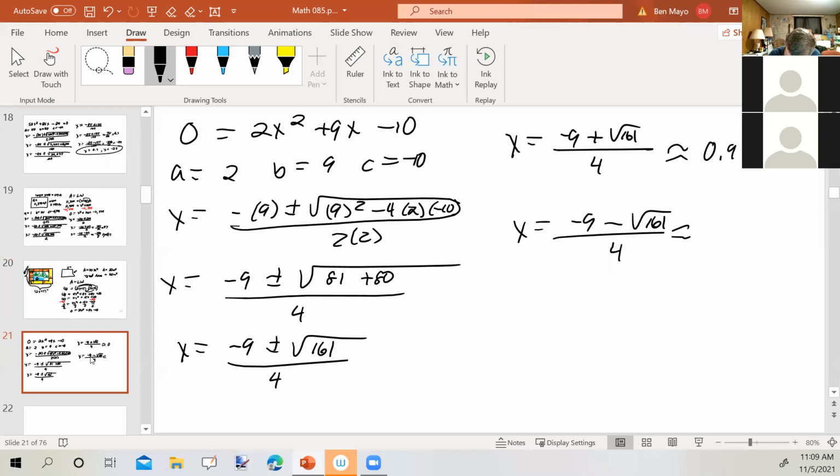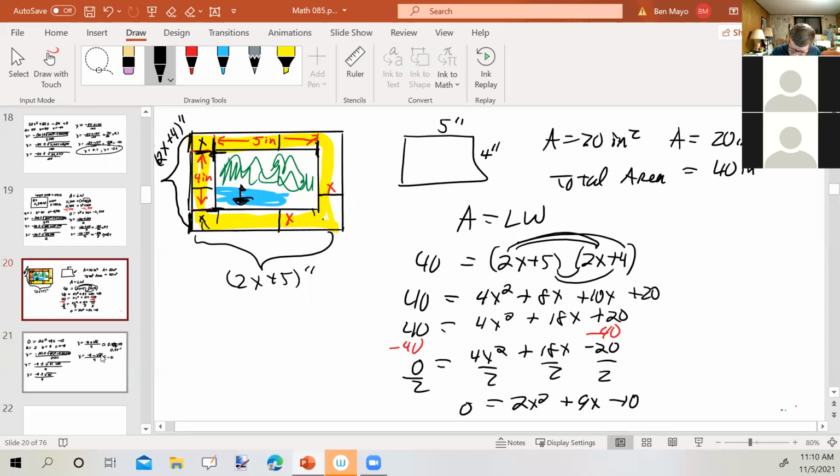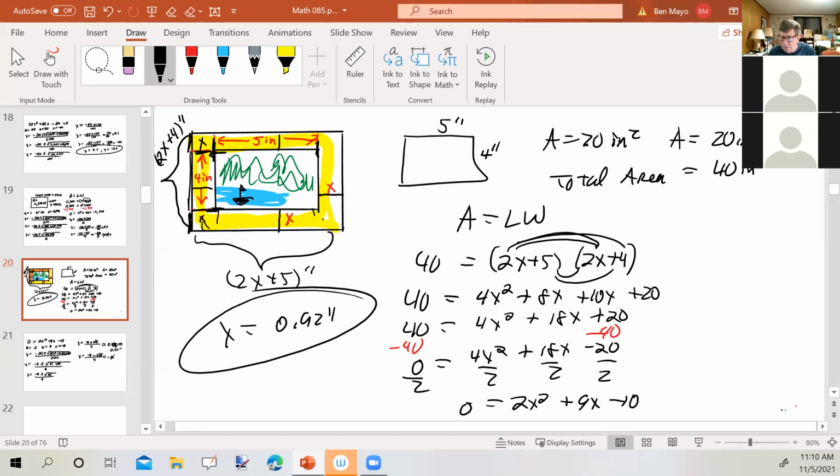And I get 0.922144. And it said round to the nearest hundredth of an inch. So the 2 would round down. Okay. And then the second one, that's negative 5. Well, I can stop there because again, we're dealing with a distance, so it can't be negative. So x is approximately 0.92 inches, and that's the width of the uniform border, the matting around the picture.